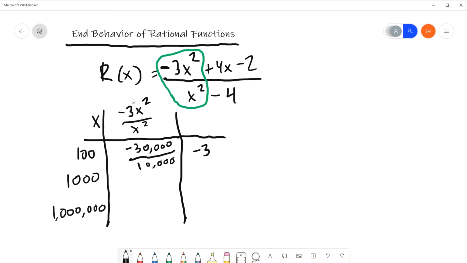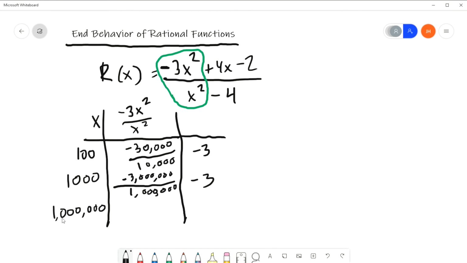How about when I plug in 1,000? 1,000 squared is 1 million, times negative 3 is negative 3 million. And 1,000 squared in the denominator is 1 million. Well, negative 3 million divided by 1 million is negative 3. Oh, that's crazy. What about 1 million?